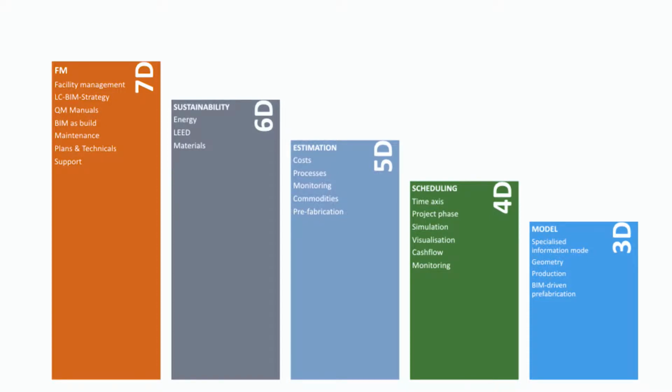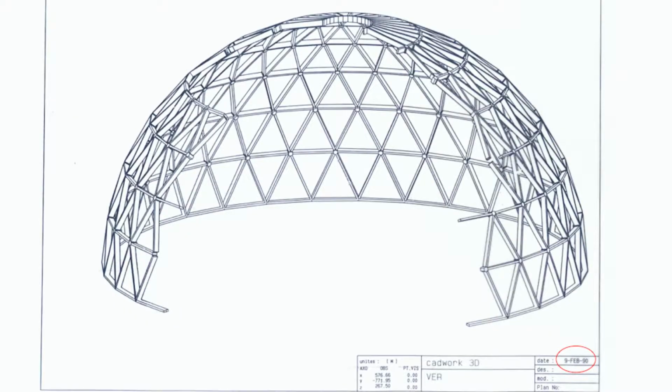With sustainability, like energy, like LED, like materials, whatever, it is a 6D, and facility management is a 7D. So we have a lot to do in our ongoing process, because 3D is already used in wooden construction. This was one of my first drawings, a church in Italy.